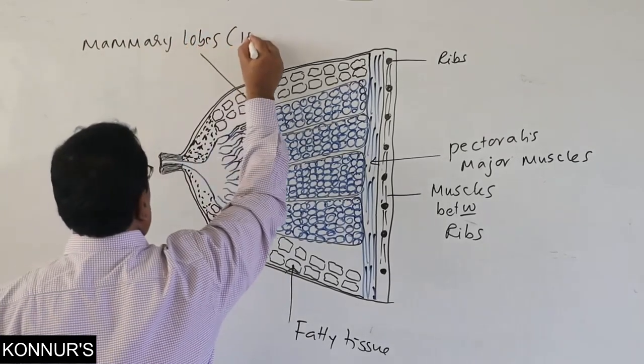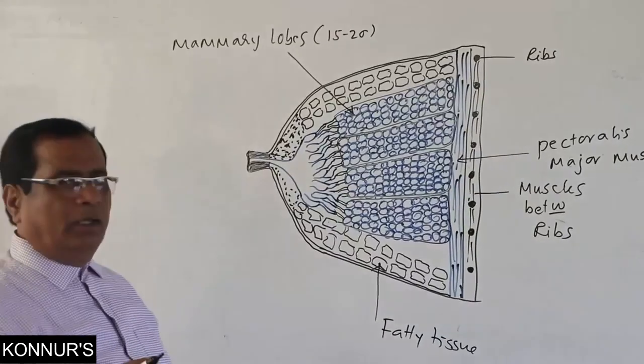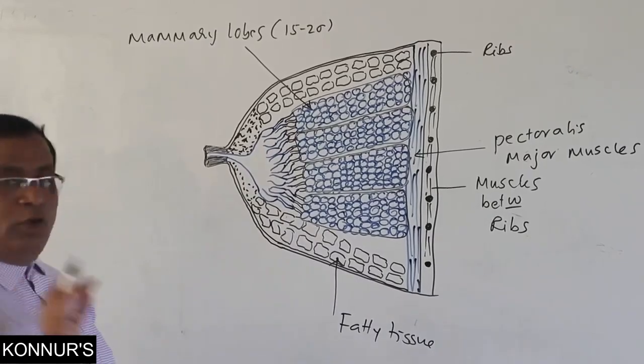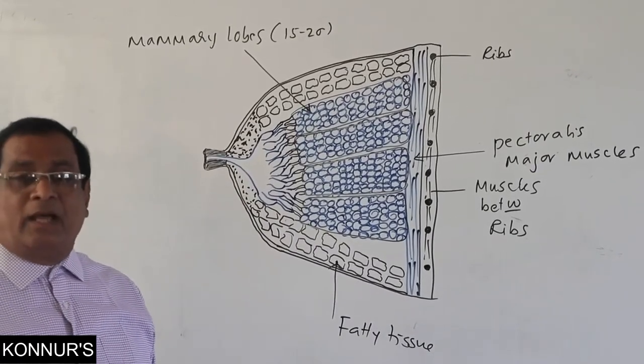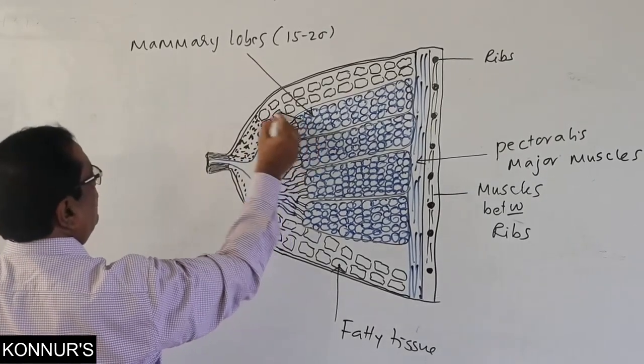Their number is around 15 to 20 internally. And in these mammary lobes, there are mammary alveoli.